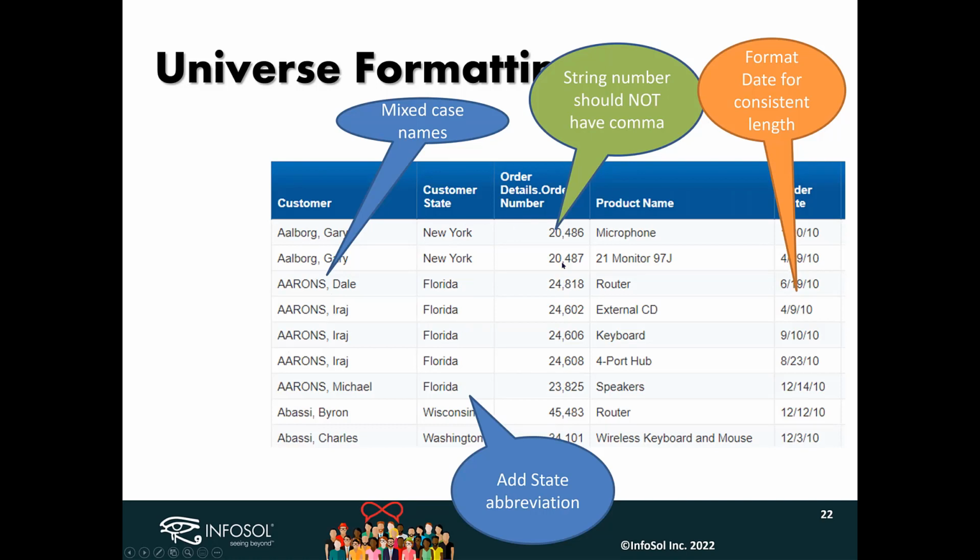If your whole numbers should always have commas in there, format that measure in the universe so that it always has that in there. If you don't want it to have decimals, then format it in the universe so that it has that. And then you can format your dates to be a consistent length as well as DD, YY, and then it would add a 0 in there and they would all be consistently lined up.